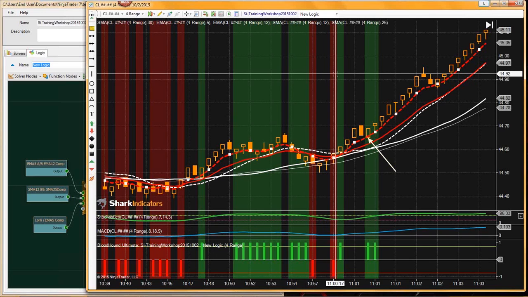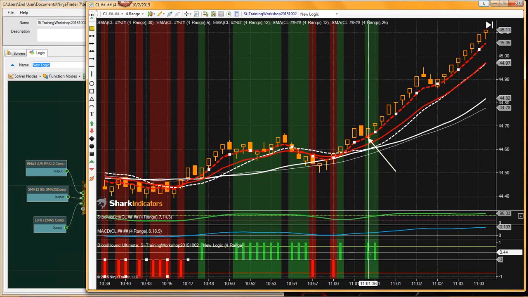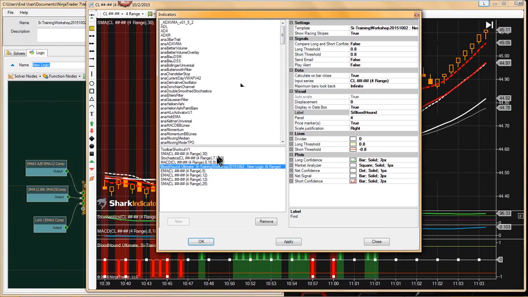If you want something to happen in real time, you have to open up your indicators and set BloodHound to calculate on bar close. You have to turn that off, right? And that means that NinjaTrader will now calculate BloodHound in real time on each incoming tick. So we'll set calculate on bar close to false.